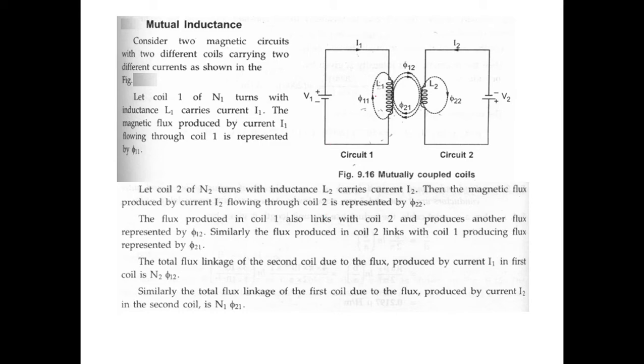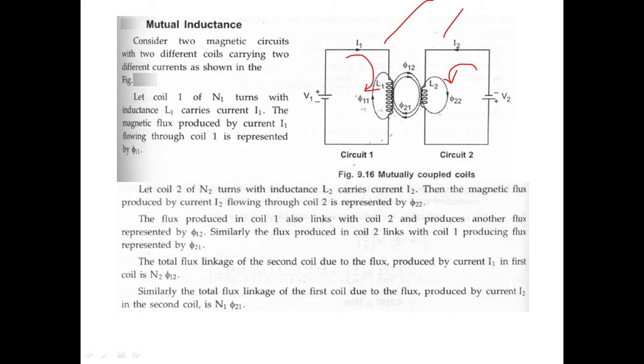Now here you first understand this diagram. We have two circuits here. This is the first circuit and this is the second one. So consider two magnetic circuits with two different coils carrying two different currents as shown in the figure. So the current through this one is I1 and the current through this one is I2, right? So the flux linkage is different, the number of turns are different, inductances L1 and L2 are different, right?